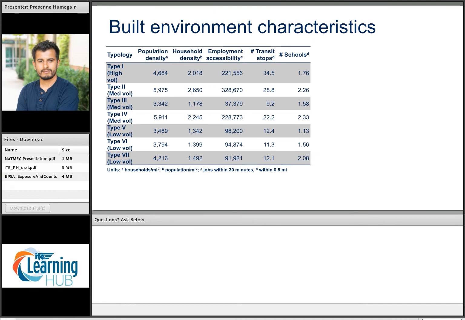We all know that pedestrian demand is influenced by land use characteristics, employment generators, and other density factors. Hence, we calculated population density, household density, employment accessibility, and number of transit stops and schools around the intersections for each typology.